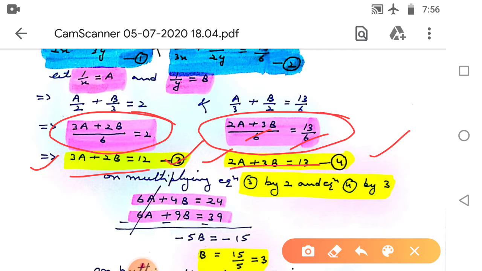Right? So we have two equations now, 3a plus 2b is equal to 12 and 2a plus 3b is equal to 13. Now we have to solve these two equations. Here the variables are a and b. On multiplying equation 3 by 2 and equation 4 by 3, we are making the coefficient of a as 6.